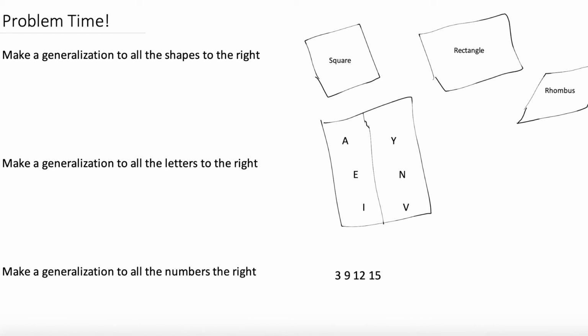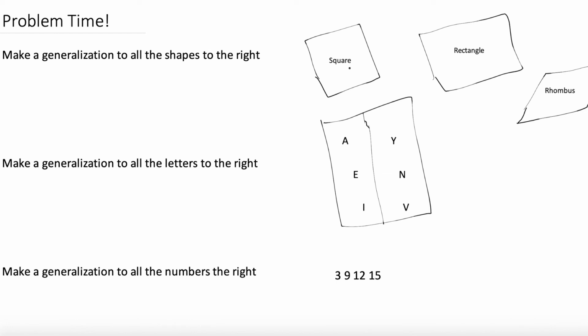Hopefully you paused the video and did these all by yourself, because I'm going to be revealing the answers. So number 1, it says make a generalization to all the shapes on the right. We have a square here, a rectangle here, and a rhombus.